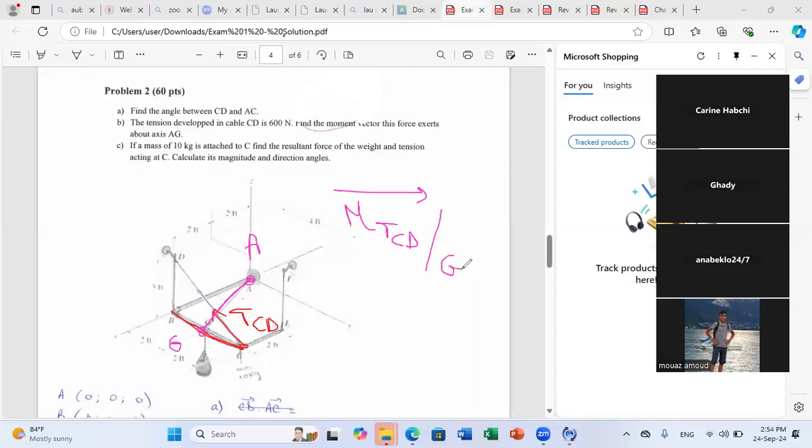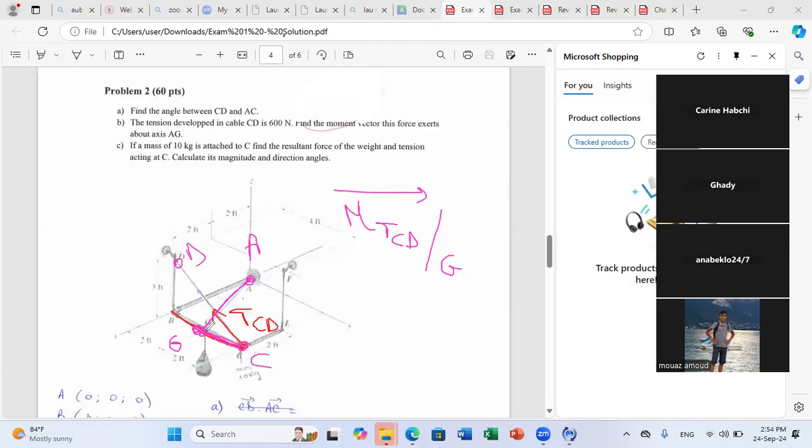We said that the position vector should start from the point we want to do the moment about, to any point of the force. And as you can see, you can take C or D. But C is easier. Why is C easier?